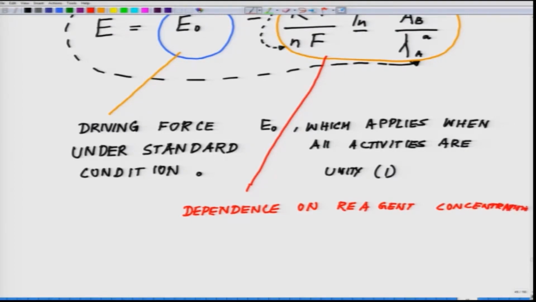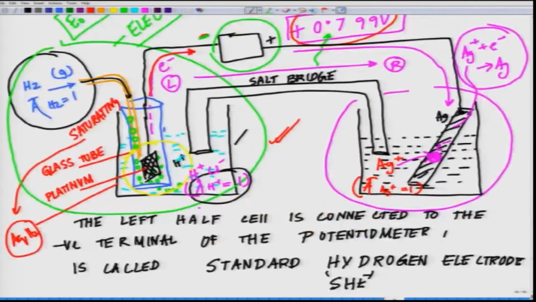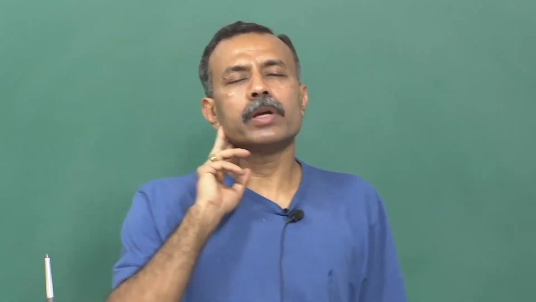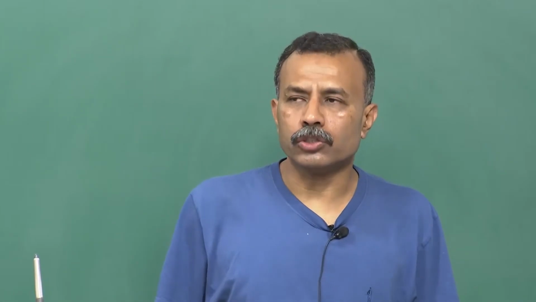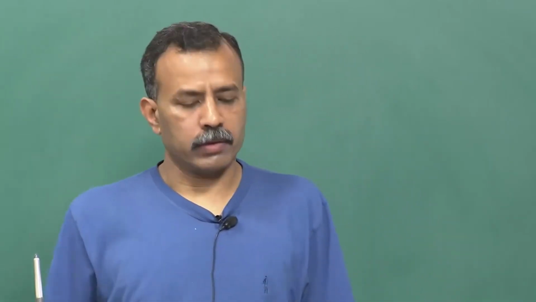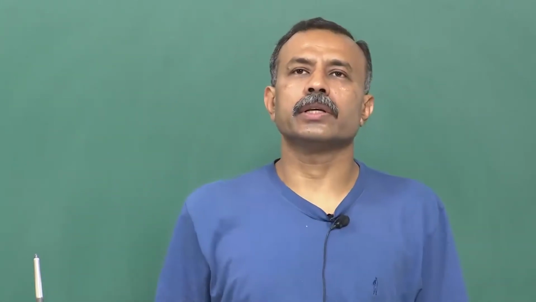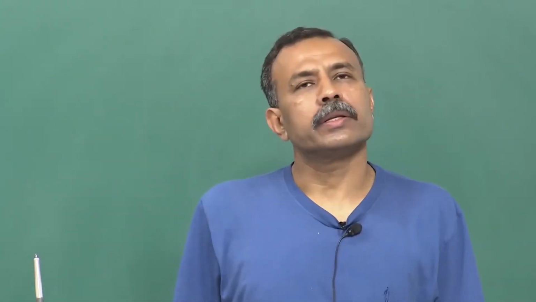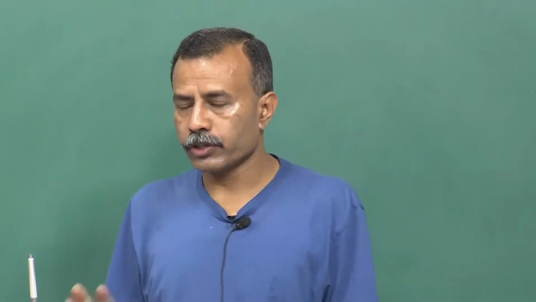There is a physical meaning to these two things, and for that I will again go back and take help of the diagram here to make you understand. When we were talking about the standard potential, whether it was cadmium or silver, we assumed everything is unity, all concentrations, and we calculated the standard potential, which is not an issue.